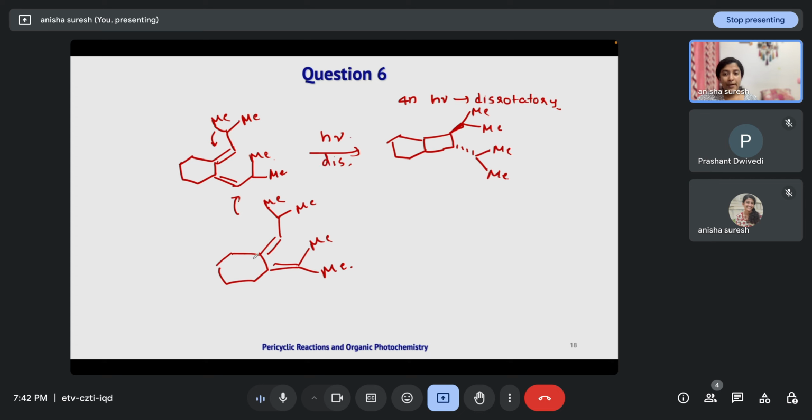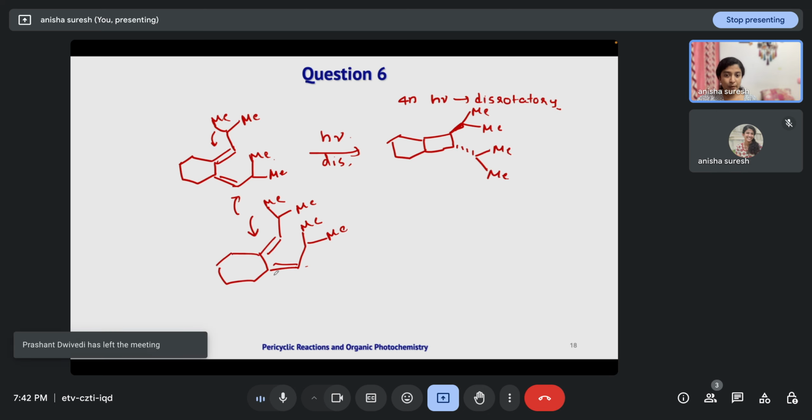If it would have been undergoing a conrotatory process, conrotatory means both arrows will be moving in the same direction. So if it is moving in this direction, this will also be moving in the same direction. So if it is conrotatory, then how will it be? This is outside. It is moving in the anti-clockwise direction. So it will be coming above the plane.